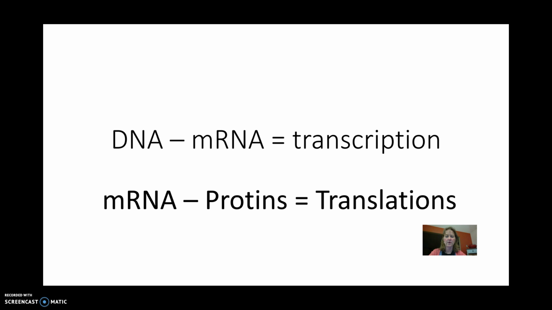In order to do that, we had to take messenger RNA and code it into the anticodon, which is found on transfer RNAs. The transfer RNAs were scattered around the classroom on the cards on the wall. On the back of the transfer RNAs were the amino acids, or the sentences.